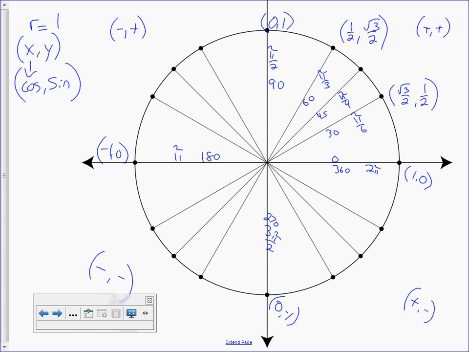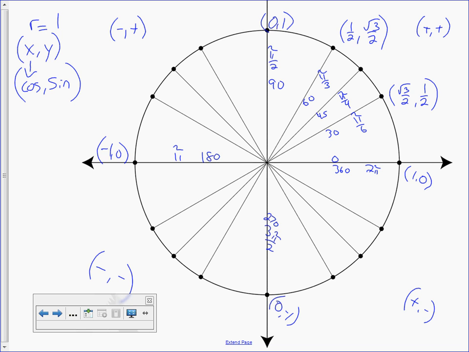So right now I know that my ordered pairs for 30 degrees and 60 degrees, well, 30 degrees is at root 3 over 2, comma 1/2. 60 degrees is at 1/2, comma root 3 over 2. Okay? We do the same setup for the 45s. In a 45, 45, 90 degree triangle, remember it was 1, 1, and root 2.